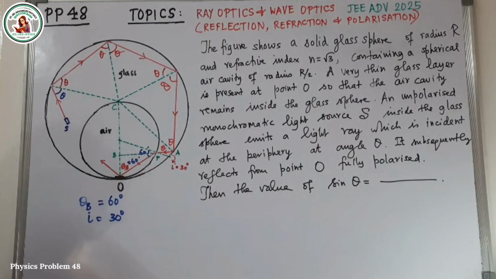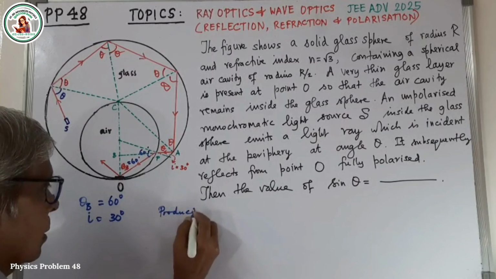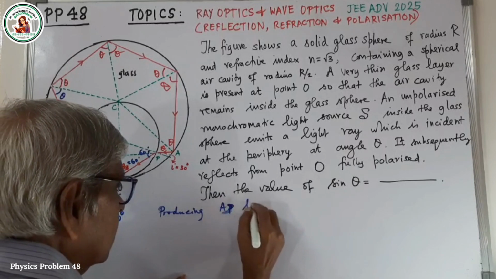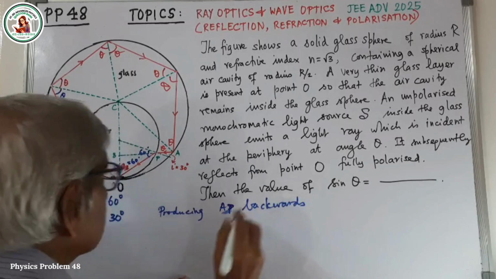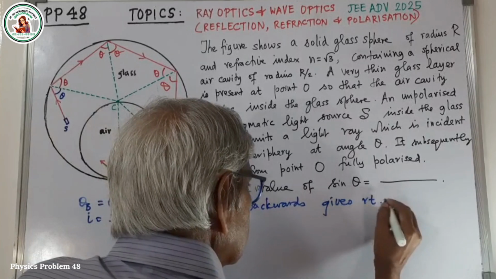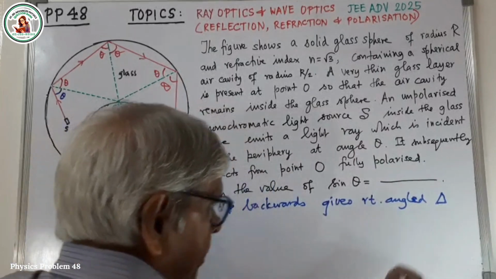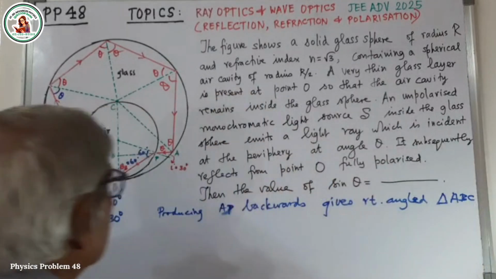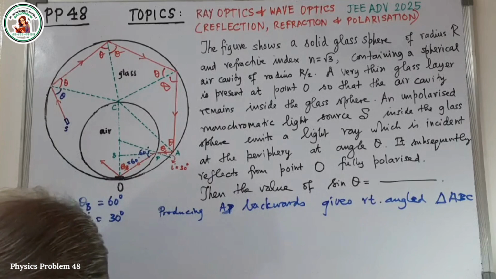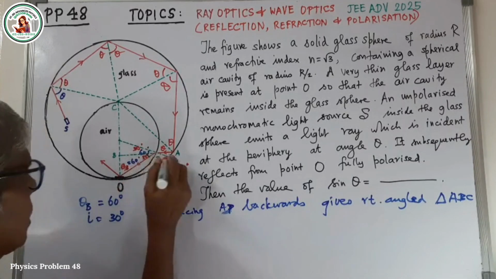Producing AP backwards gives right angle triangle ABC. Once we get that, the calculation is just straightforward. This is 30 degrees, this is also 30 degrees, and this is also 30 degrees, because you are producing it back like this.